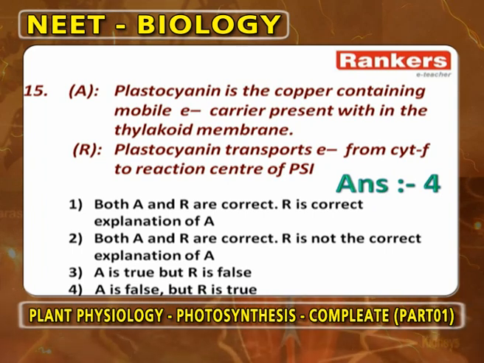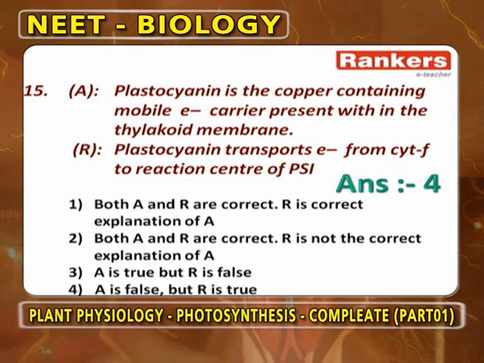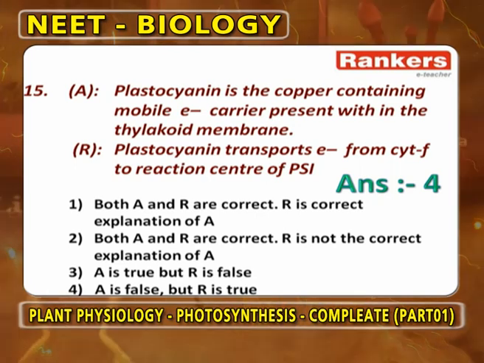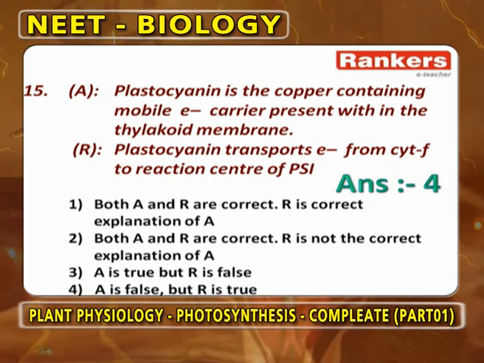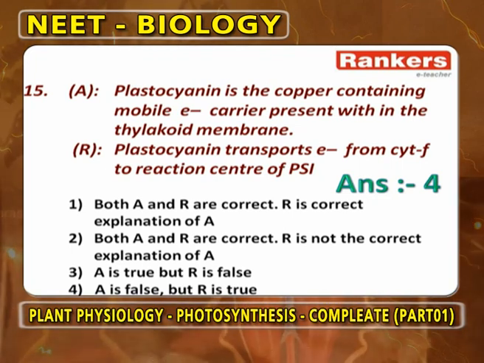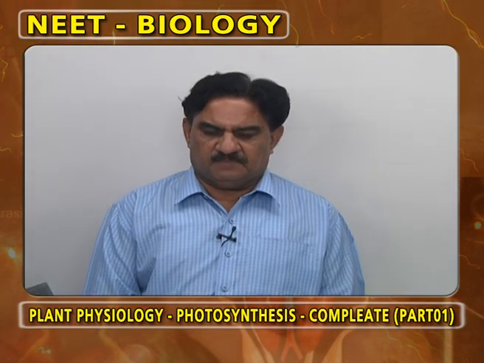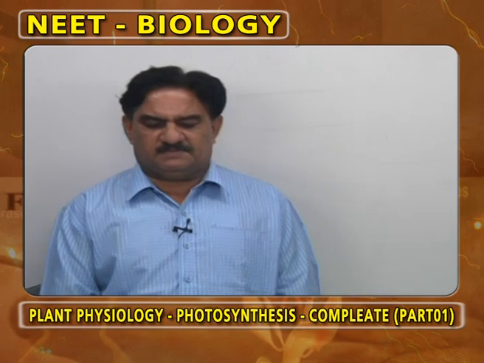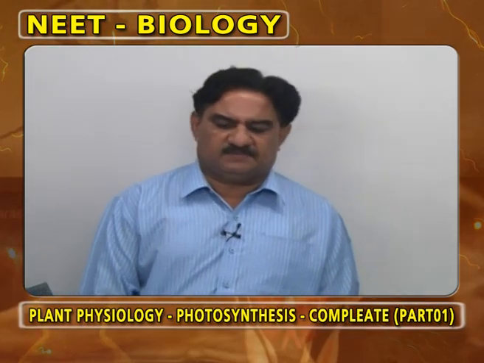Next assertion reasoning. Plastocyanin is the copper containing mobile electron carrier present within the thylakoid membrane. This is wrong. Plastocyanin is the copper containing mobile electron carrier present in the lumen side of the thylakoid membrane, moving freely there. Plastocyanin transports electrons from cytochrome f to the reaction center PS1.